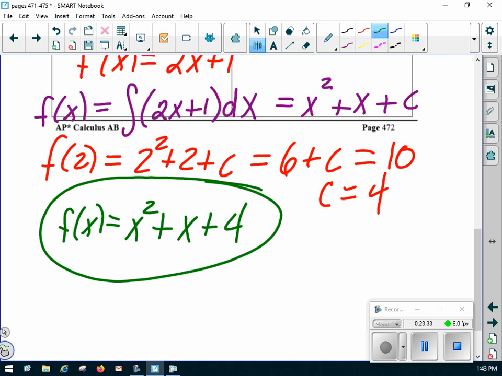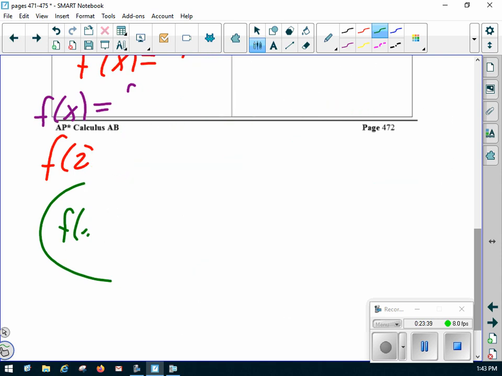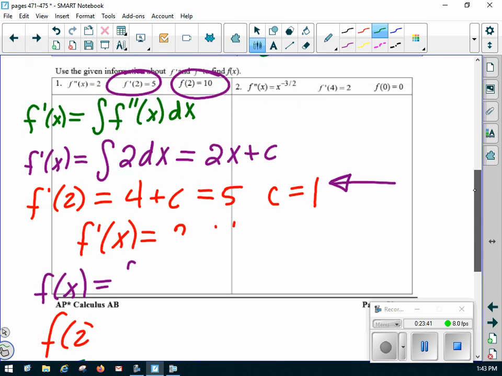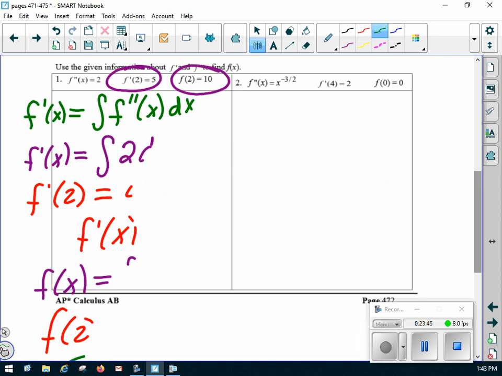All right, so I think we've got one more on that page, is that correct? F double prime of x is x to the negative 3 halves. F prime of 4 is 2, and f of 0 is 0. How do I go about finding f prime of x?